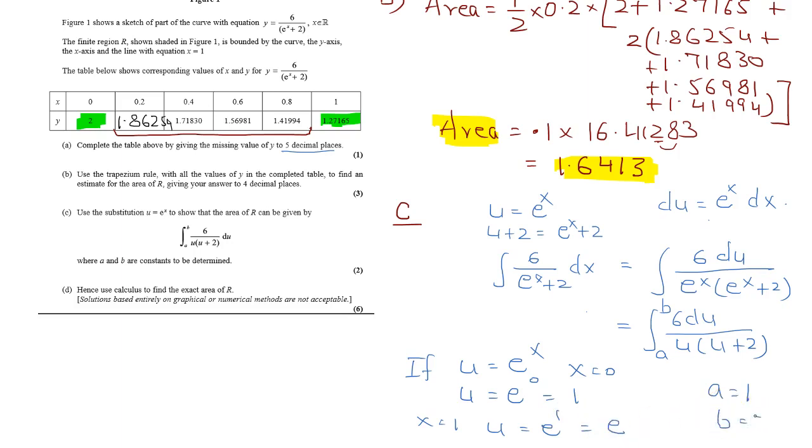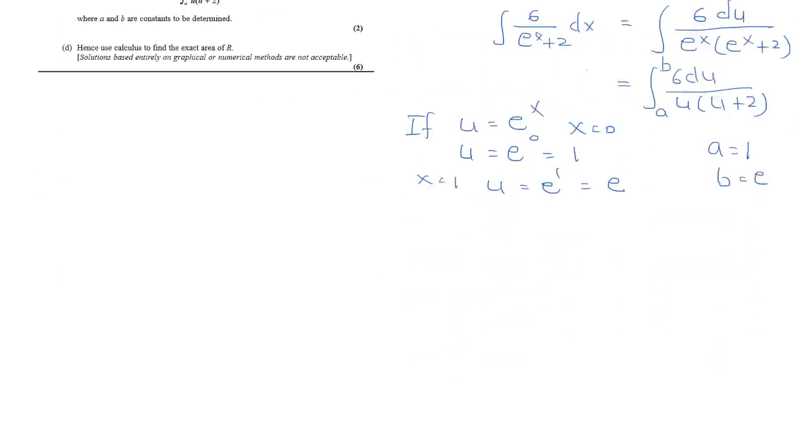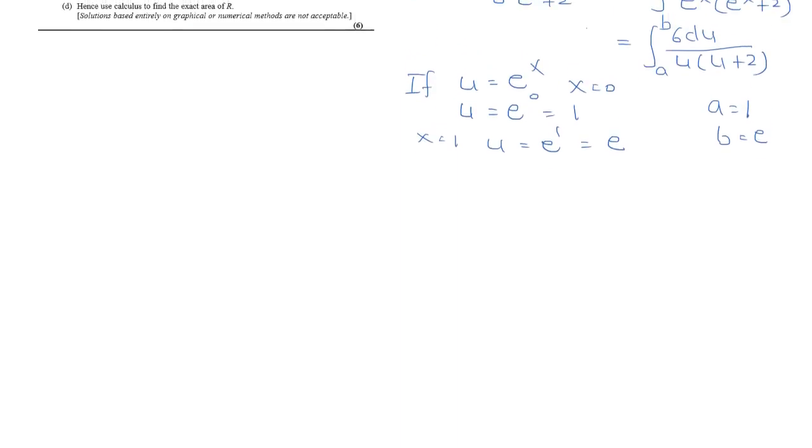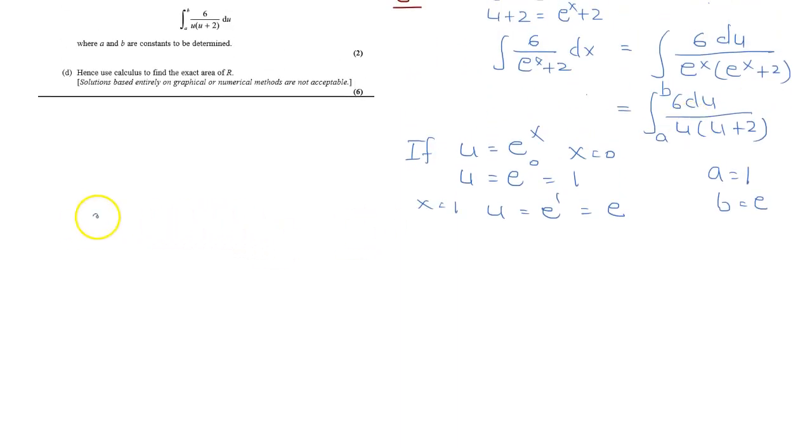So b is equal to e. So this integral will become the integral from 1 to e of 6 over u plus 1 du.